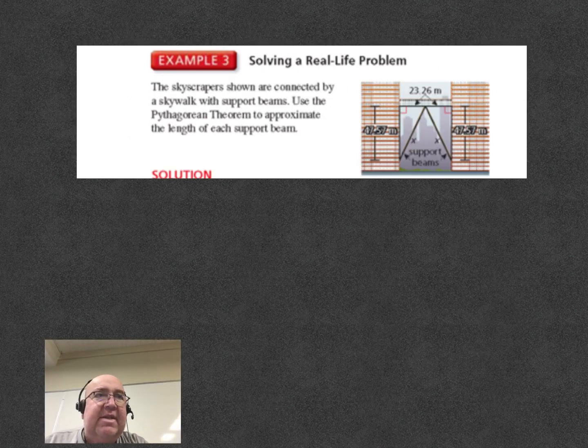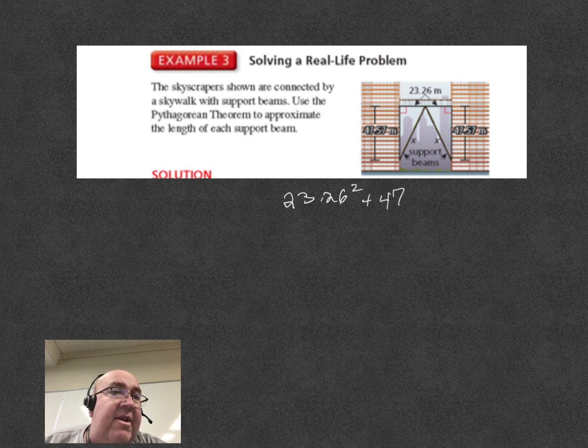So here we're looking at skyscrapers that are being held together. We want to find the length of the hypotenuse. So we know that 23.26 squared plus 47.57 squared is going to be equal to x squared.